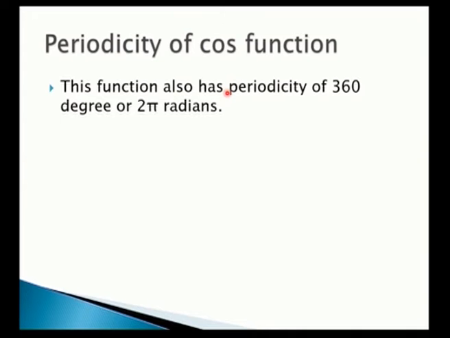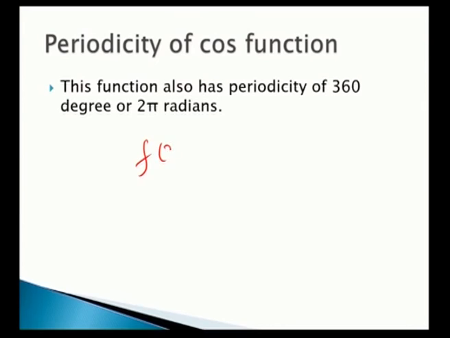How can we equationally represent the periodicity of cos function? If f of x is cos x, then we learned that the periodicity of this cos function is 2 pi. So, it is equal to cos of x plus 2 pi or any n number of 2 pi.